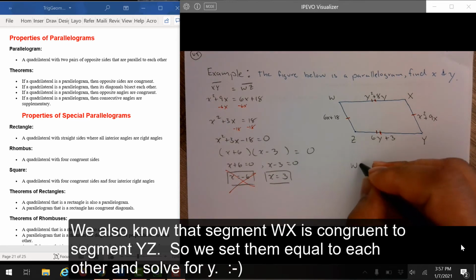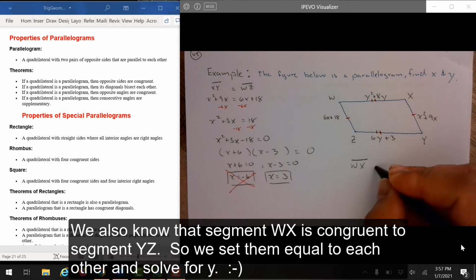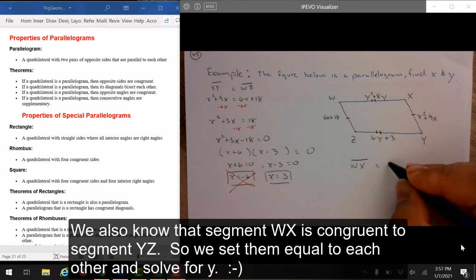We also know that segment WX is congruent to segment YZ. So we set them equal to each other and solve for y.